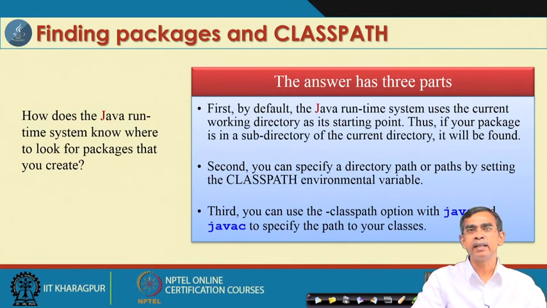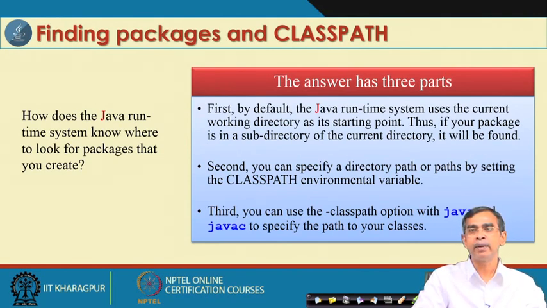In fact, there are three ways by which you can explicitly specify the location of a package. The first is the default: it considers that all the packages are under your working directory.